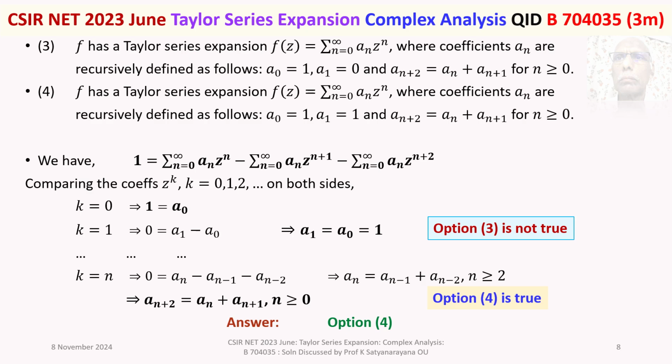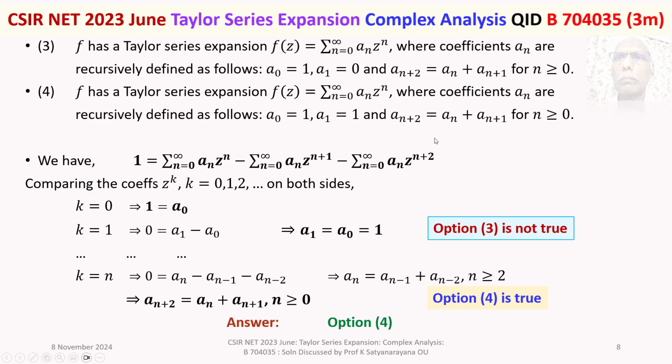But normally, once you see f of z is equal to 1 by 1 minus z square, and if you are familiar with the Fibonacci sequence of numbers, this 1 by 1 minus z square happens to be the generating function which generates the Fibonacci sequences. Therefore, by looking at that, you suspect that the Fibonacci sequence is arising in this. So that is there in option 4.